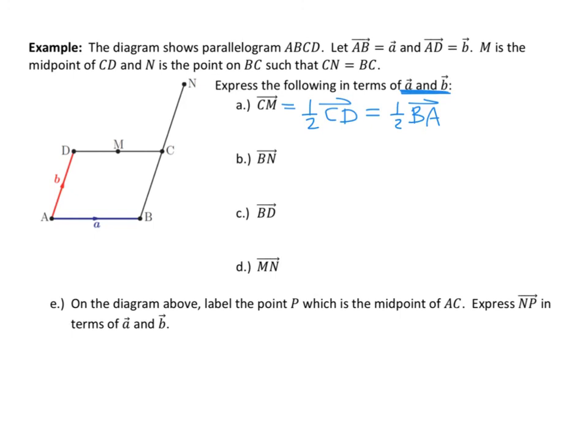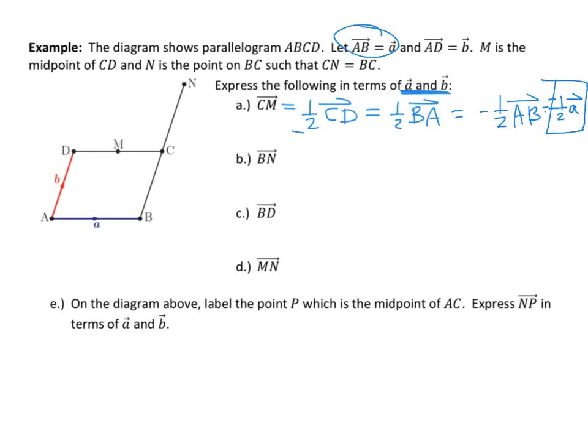CD right up here at the top, that thing's the same as BA. But we know that BA would just be negative AB. And we were told in the problem that AB is little a. So we could make this negative 1/2, running out of room here, negative 1/2 the a vector, and that's our answer for CM. Okay, what about BN?